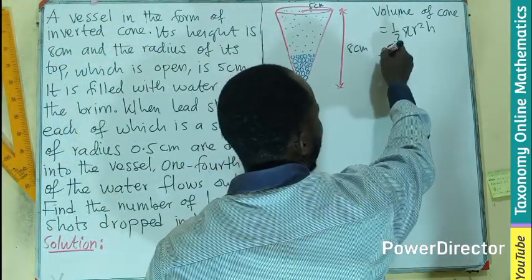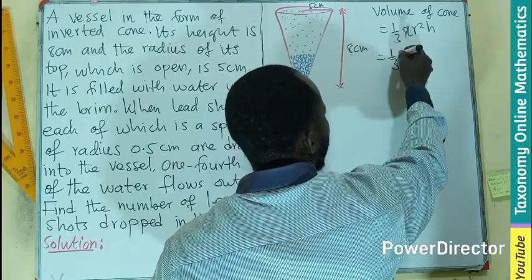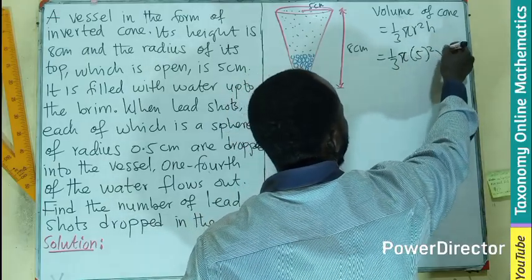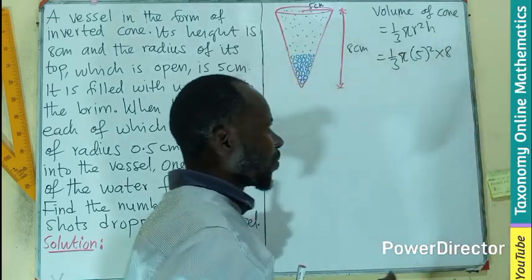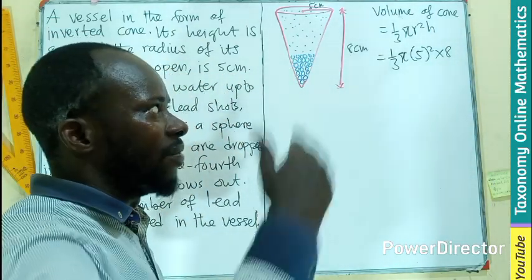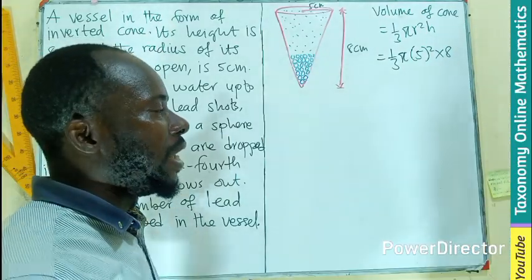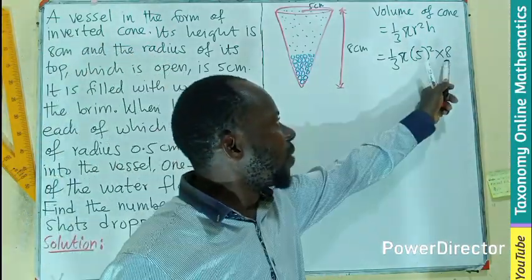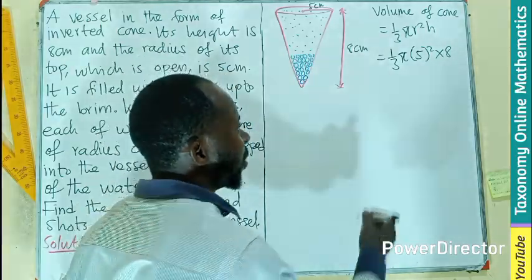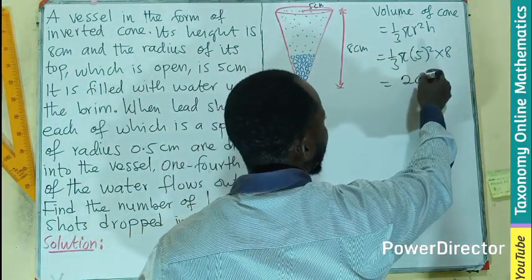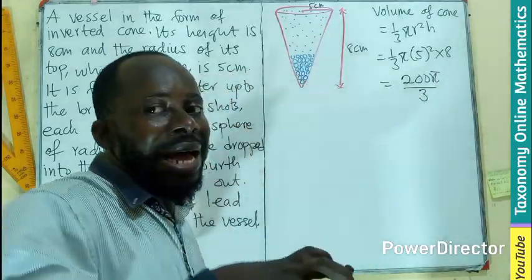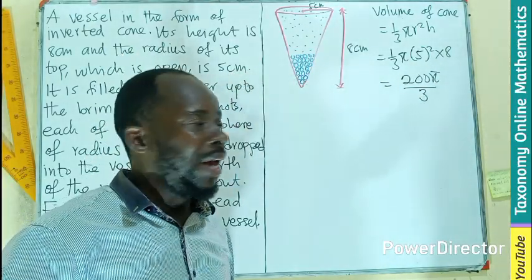So let's substitute: 1/3 pi 5 squared times 8. Remember, 5 times 5 is 25, and 5 times 8 is 40. Then 40 times 5 will be 200. So 200 pi on 3 is the volume of water in the cone, right?